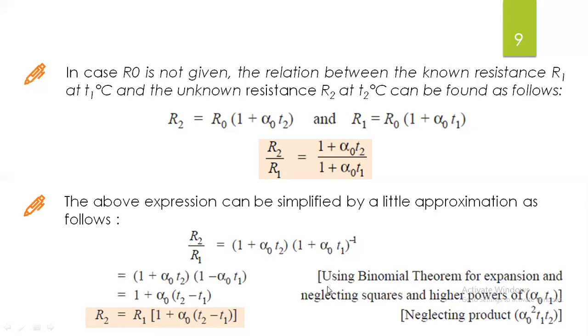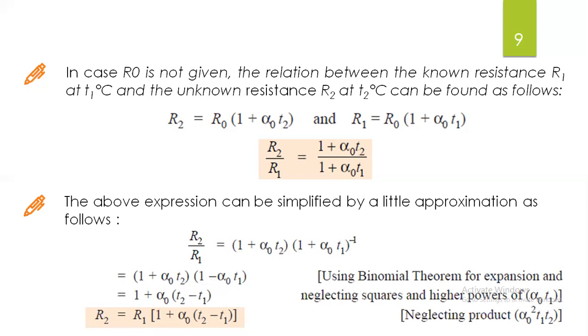Using the binomial theorem for expansion and neglecting squares and higher powers of alpha 0 into T1, we can write this as 1 plus alpha 0 into T2 into 1 minus alpha 0 into T1.